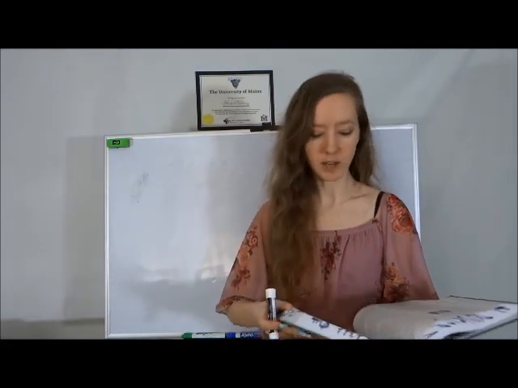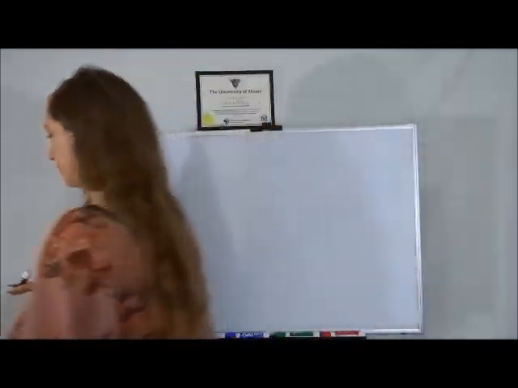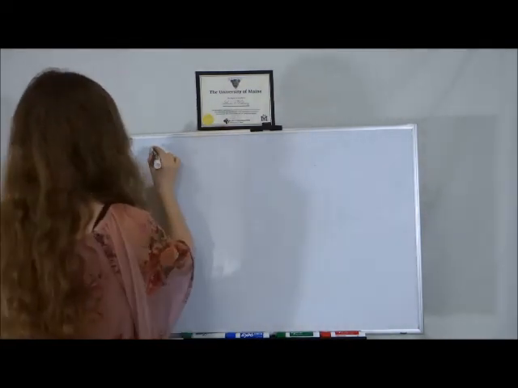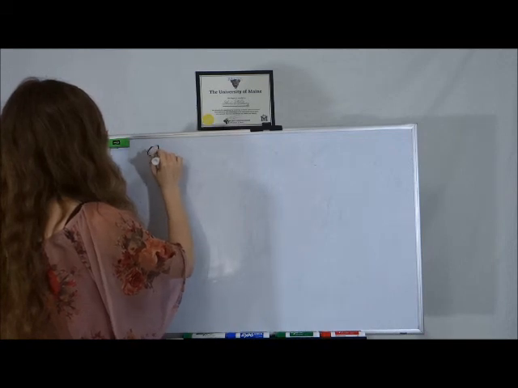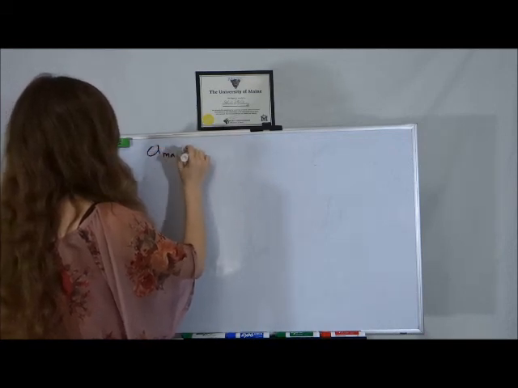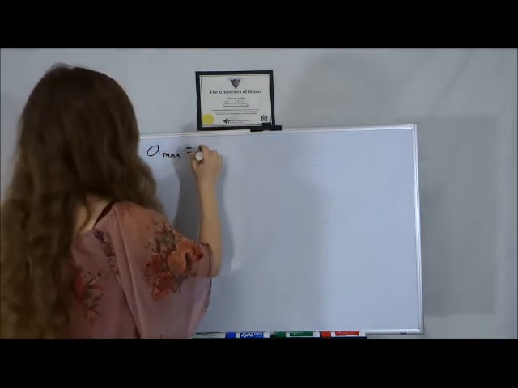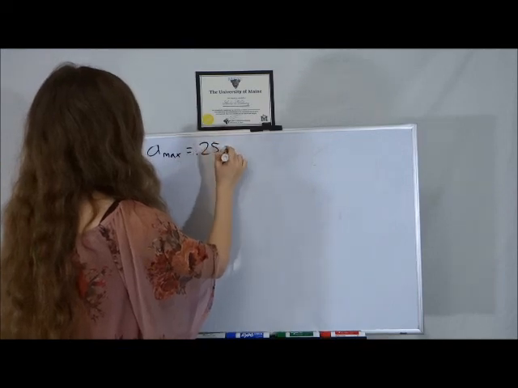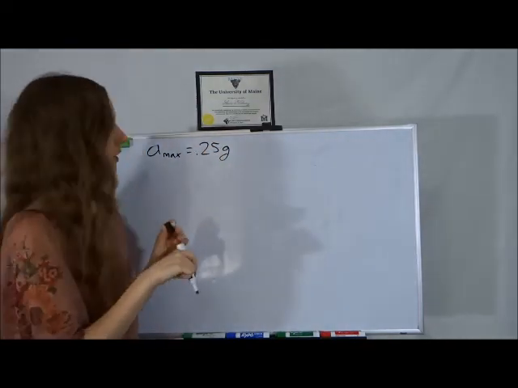So let's just know what that means. We said maximum acceleration, so that's a max, is equal to 0.25 g, where g is our acceleration due to gravity.